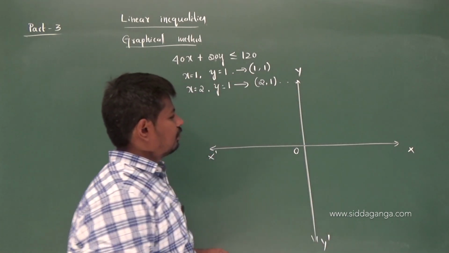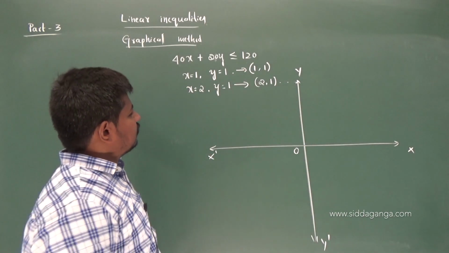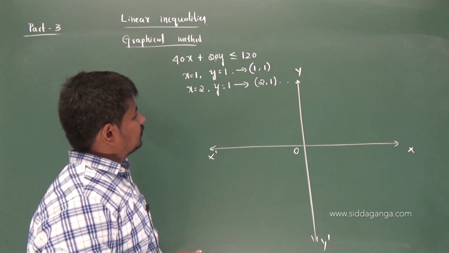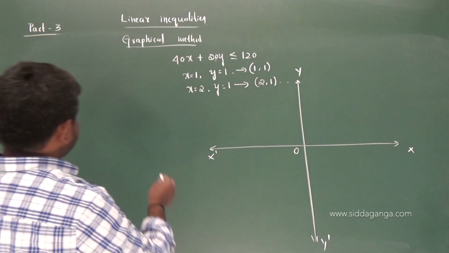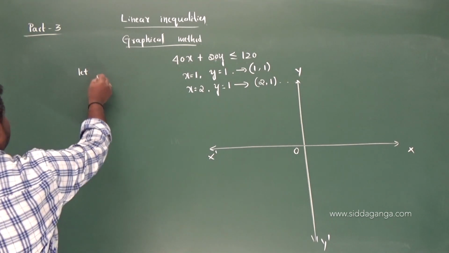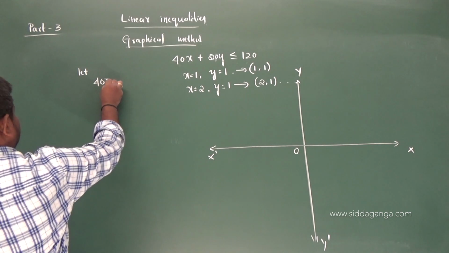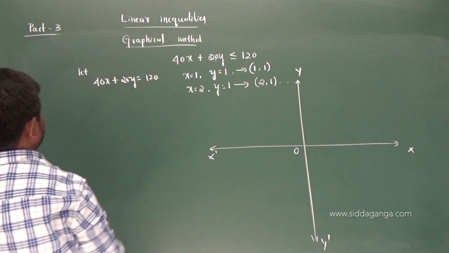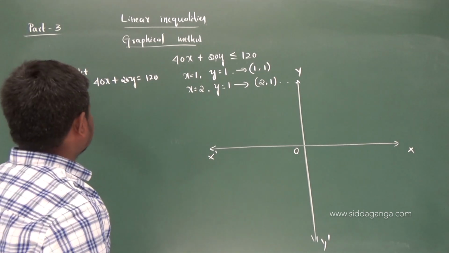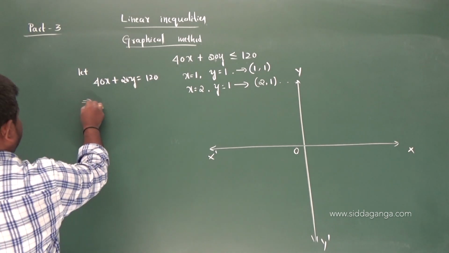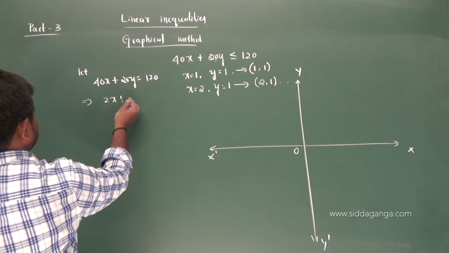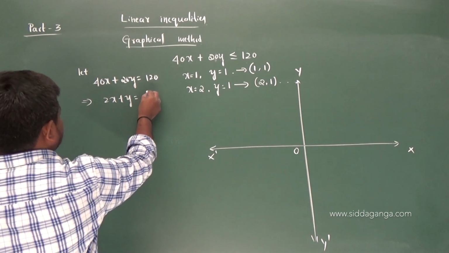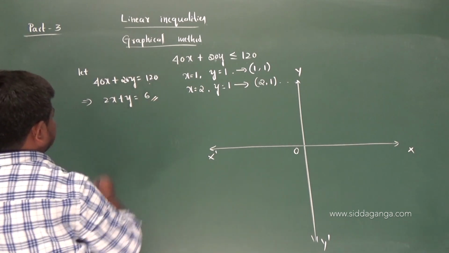Origin O. So, in solving a given inequality, first you have to draw a line. Let us consider the line from the given inequality. What is the line we have here? 40x plus 20y is equal to 120, or by dividing by 20 you get 2x plus y is equal to 6.